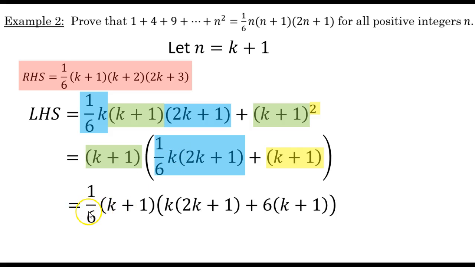The 1/6 that's out the front, imagine that I take my 1/6 and distribute it inside the brackets. I'd get 1/6 times k, 2k plus 1, that's that term, and 1/6 times 6 would just be 1, so k plus 1. I've done that to get the 1/6 out the front, and to get rid of any fractions inside those brackets.